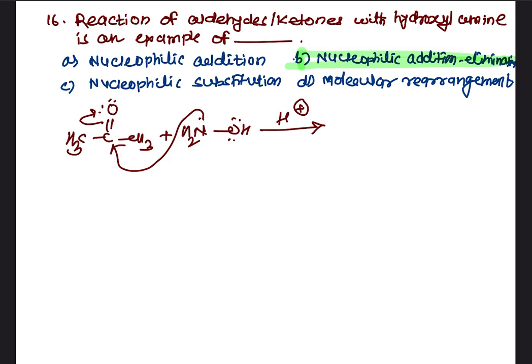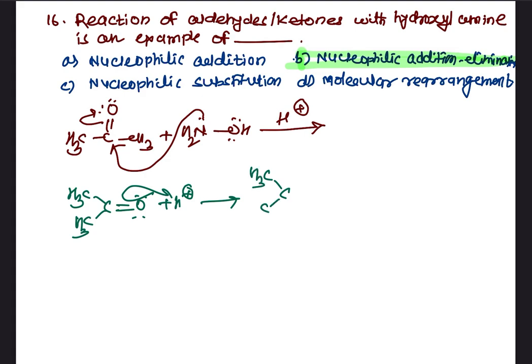Mechanism is like this. In acidic medium, protonation of this oxygen takes place, now this oxygen is electron deficient.